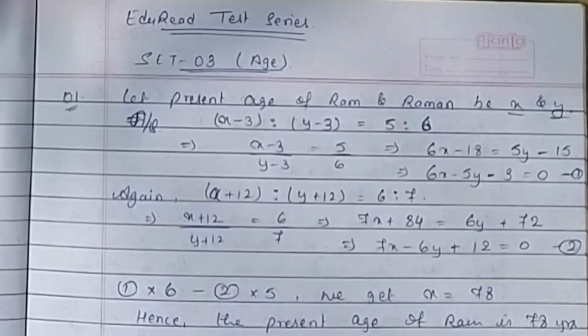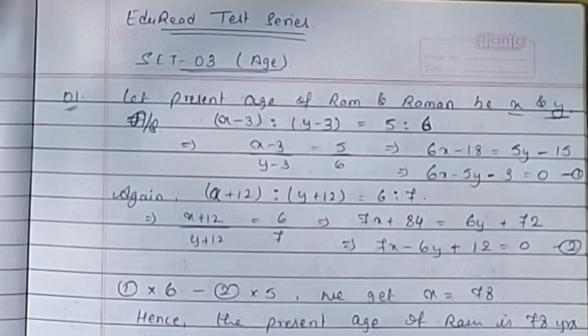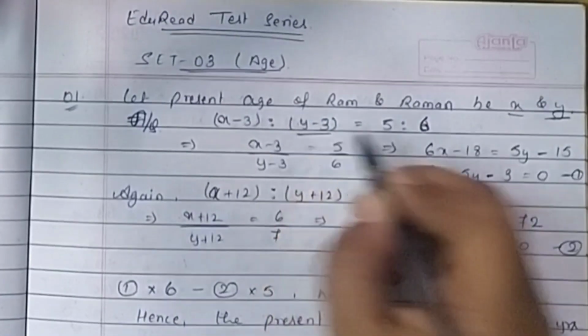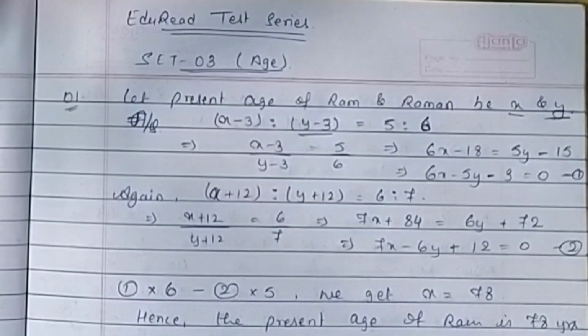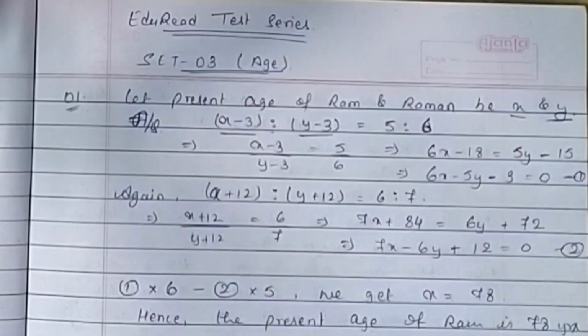The present age of Raman we have assumed to be y, so we subtract 3 years from his present age, and it becomes y minus 3. Similarly, the same goes with the age of Ram. To find the age of Ram 3 years ago, we subtract 3 years from his present age, and it becomes x minus 3.